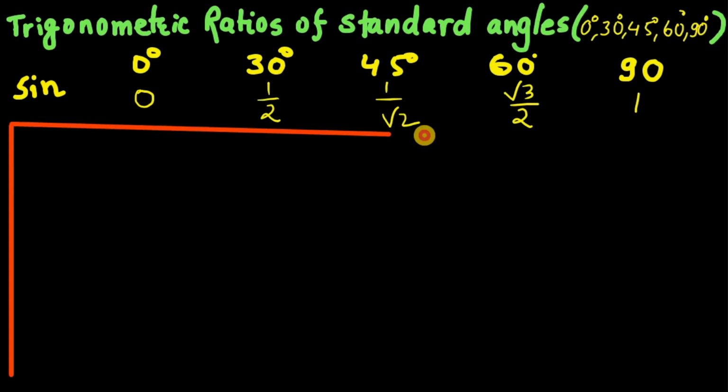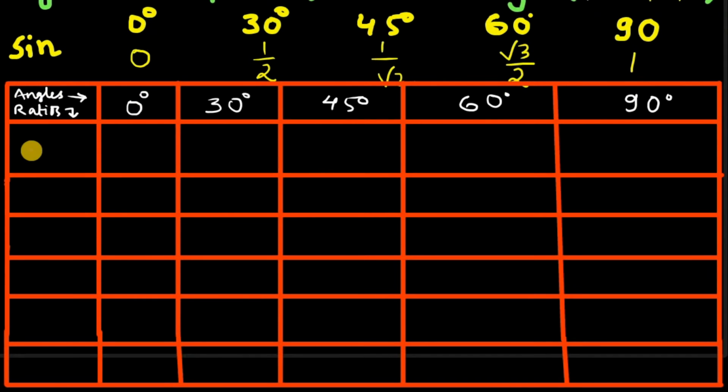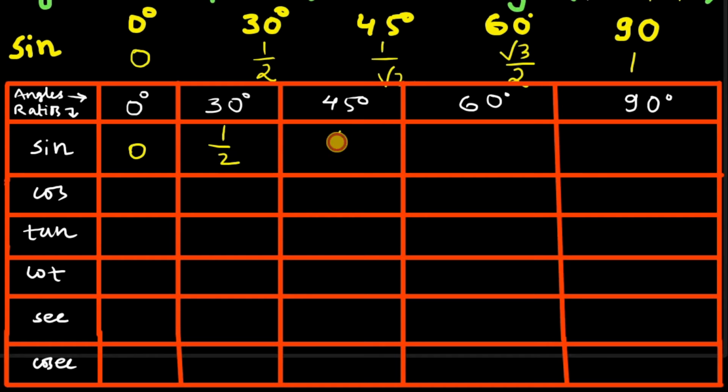Now let's know the value for other trigonometric ratios by drawing a table. So let's make a table like this. Down here we'll write the ratios, that is sine, then cos, then tan, then cot, then sec, and then cosec. Now for sine, the values whatever we have got we'll write here, that is 0, 1 by 2, then 1 by root under 2, then root under 3 upon 2, then 1.